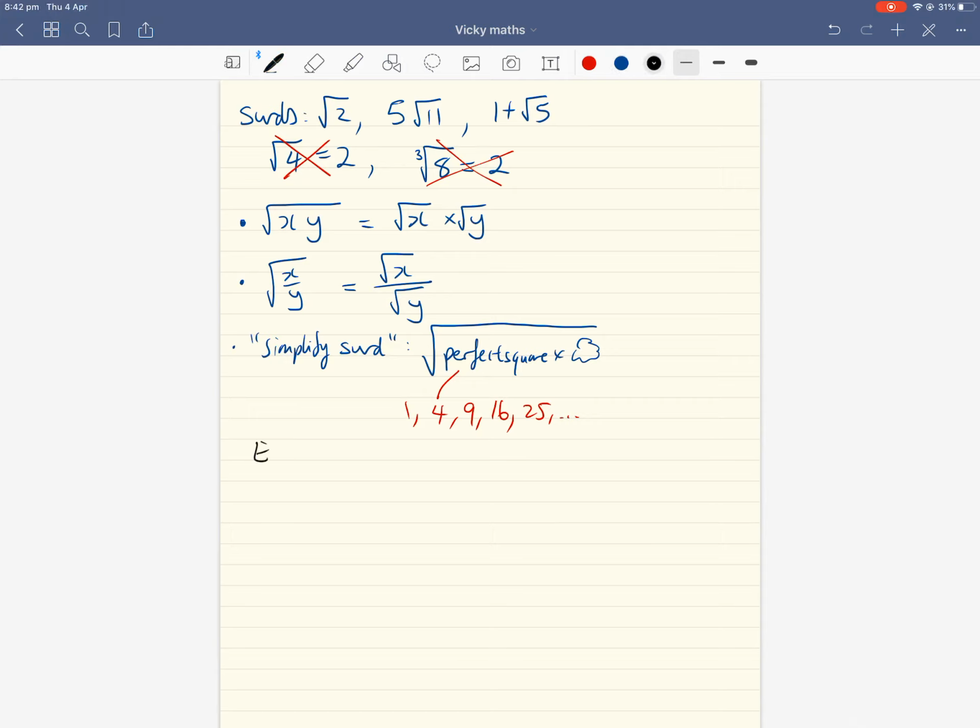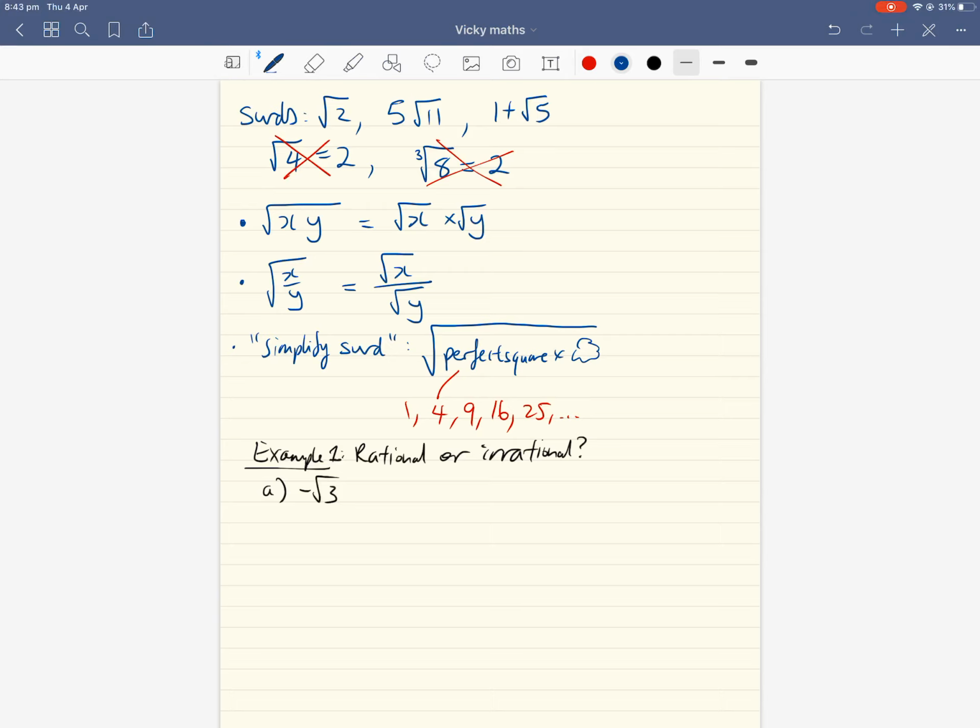Example 1. We have to classify, are the following numbers rational or irrational numbers? So part A, is negative root 3 rational or irrational? Well, can you write root 3 as a simplified fraction?